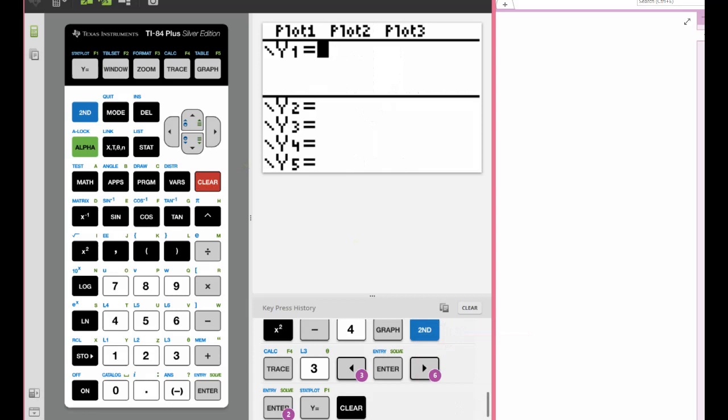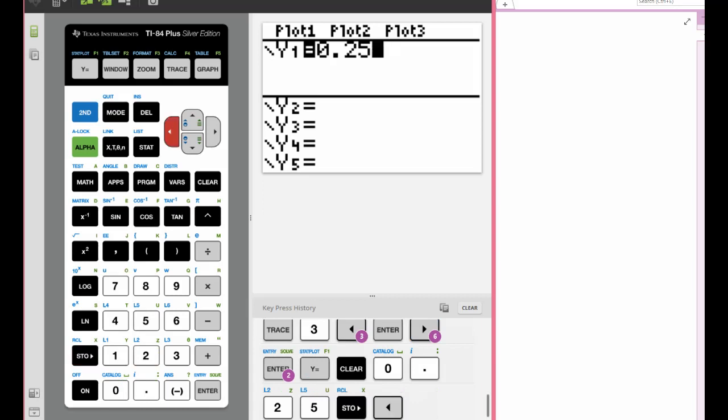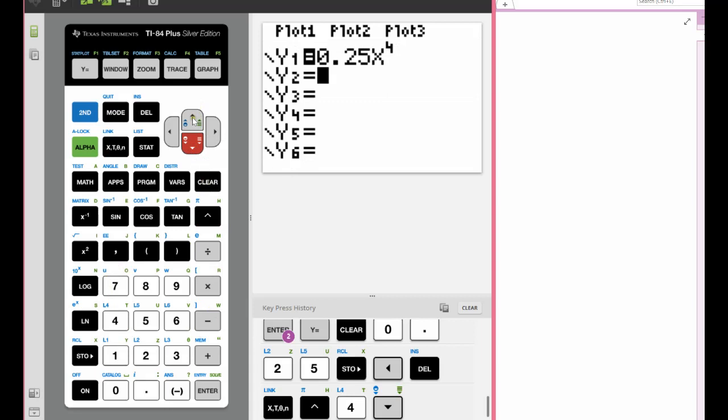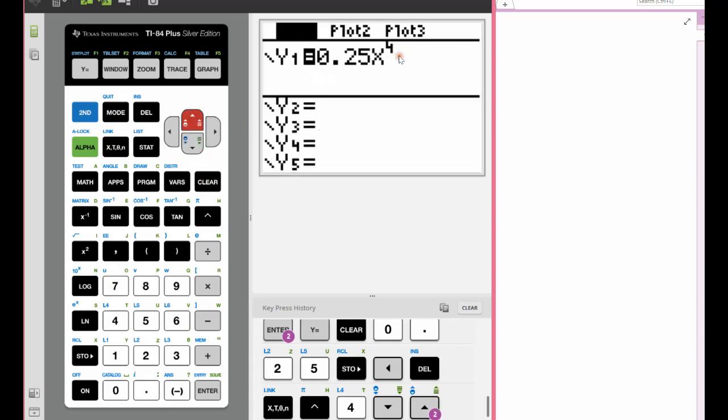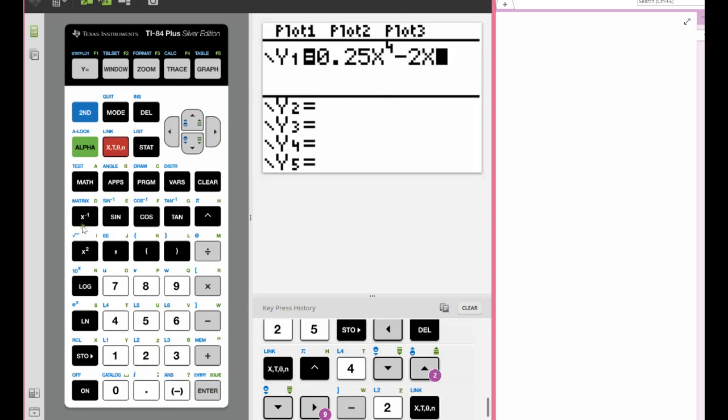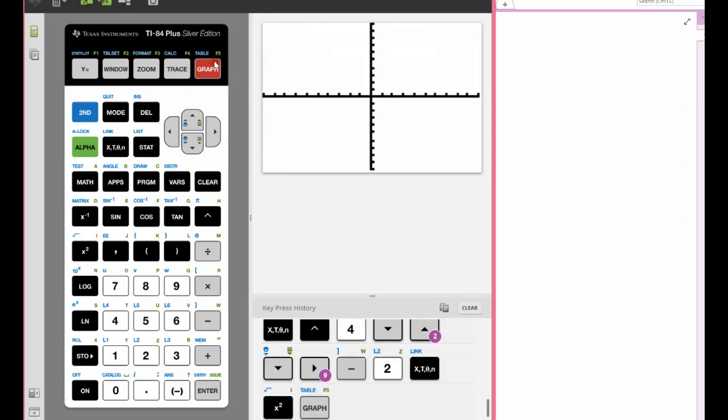It was 0.25 x to the 4th minus 2x squared. And I'm going to start with a standard window, see if I need to adjust.